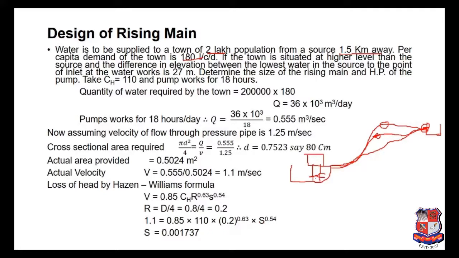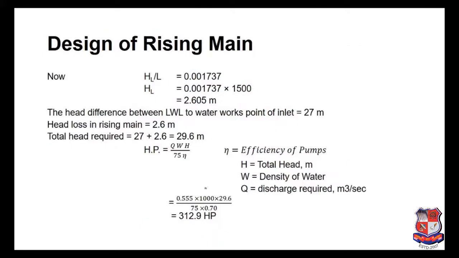So if we simplify this equation, then S will be equal to 0.001737. Now this indicates head loss per meter length, right? So head loss per meter length is 0.001737, meter per meter head loss. So this is HL by L, head loss per meter length.